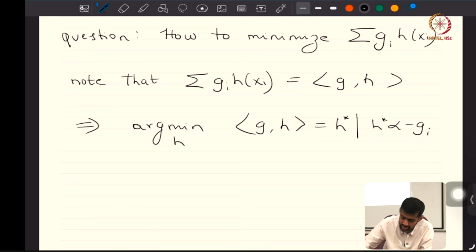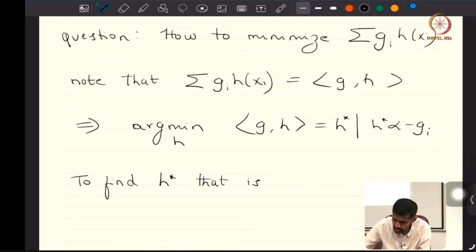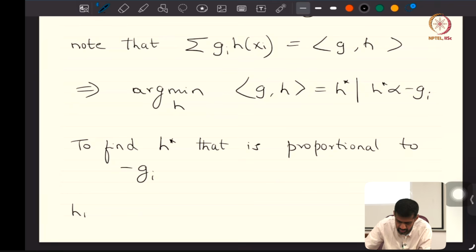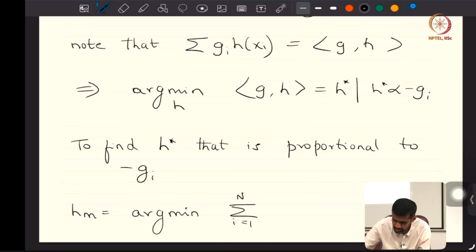Now, to find h star that is proportional to negative of gi, define hm to be equal to the one that would minimize some error metric.